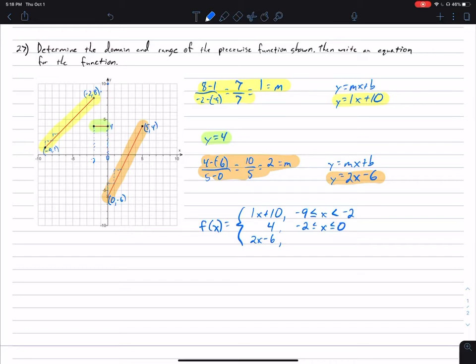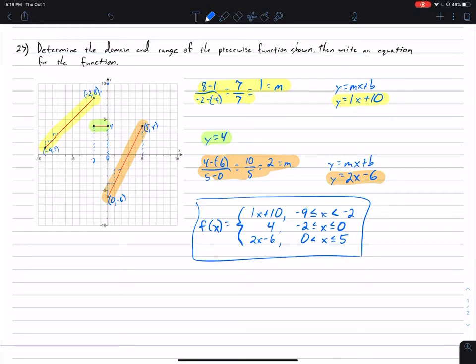And then my final one, 2x minus 6, is going to start at 0, open circle, so it's going to be 0 less than x, and it's going to go to 5, closed circle, because closed circle means that I'm going to use the less than or equal to symbol. So that's giving our function. So this is our piecewise function.